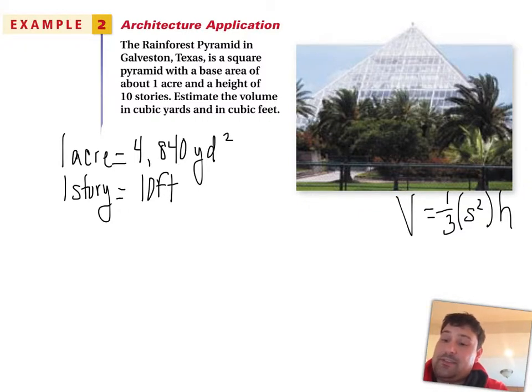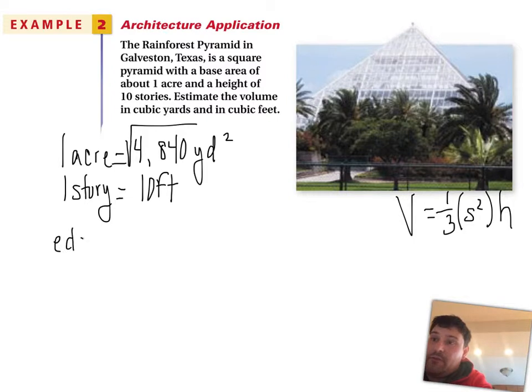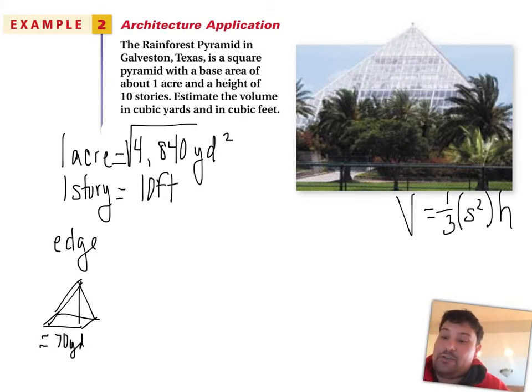Well, the base is a square, and if it's 1 acre, the area is 4,840 square yards. The edge of the base is going to be the square root of 4,840, which is approximately 70 yards.